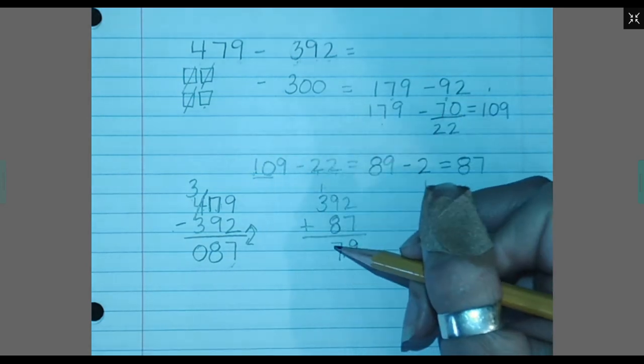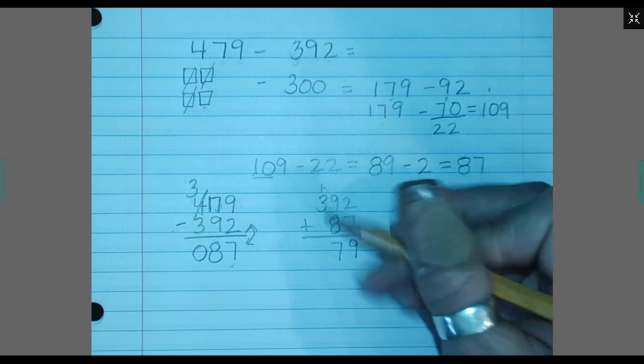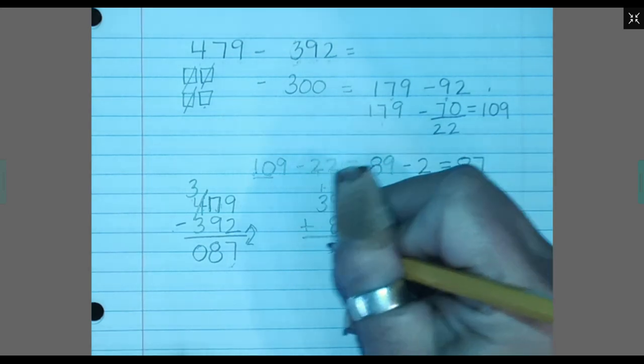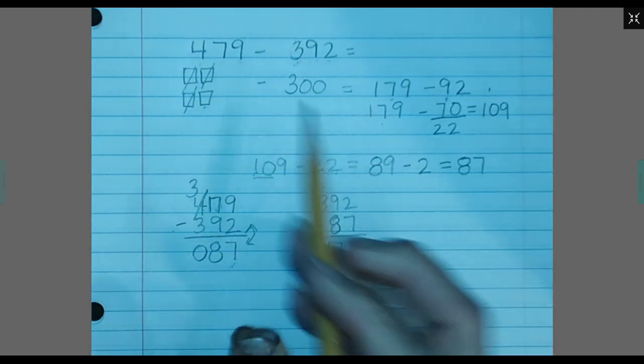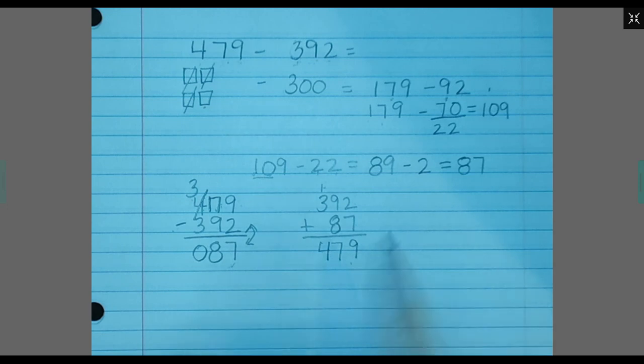Carry my 1, because I can't have that 1 in that tens place. That really means 100. 1 plus 3 is 4. Did I get the 479 that I started with? Yes, I did. I know I must have gotten my answer correct.